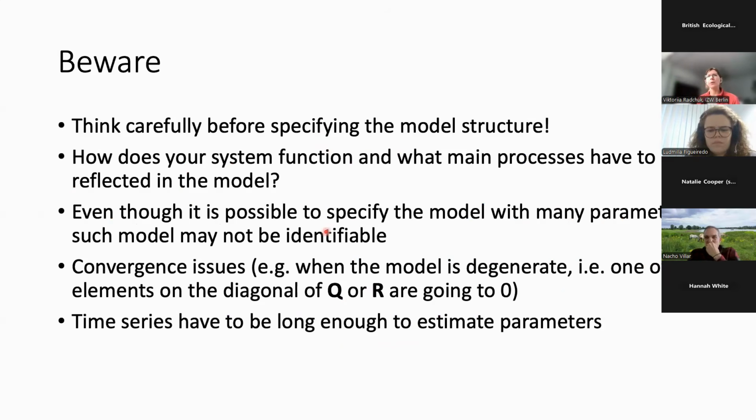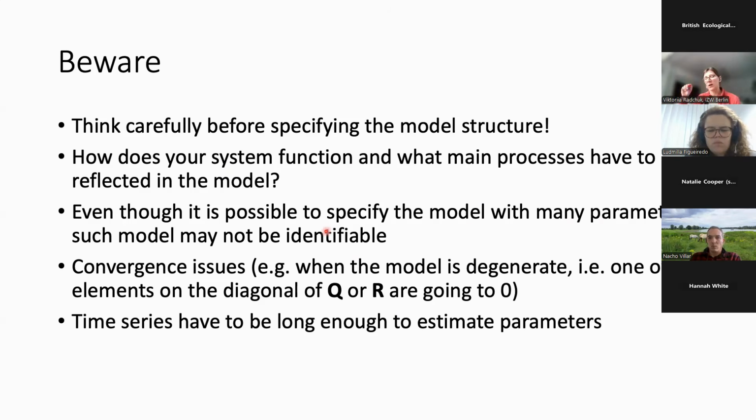So things to be aware of if you are fitting such a multivariate autoregressive state space model: you have to think very carefully before specifying the model structure. Think about how your system functions and what main processes have to be included, because, as you already grasped, hopefully, there is a possibility to specify a very complex model.